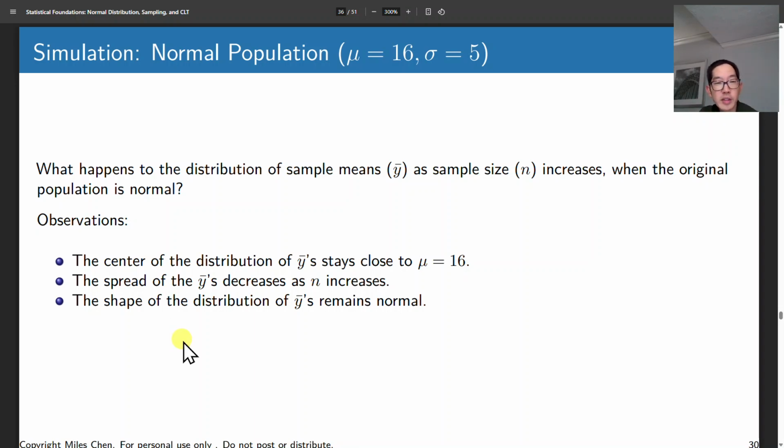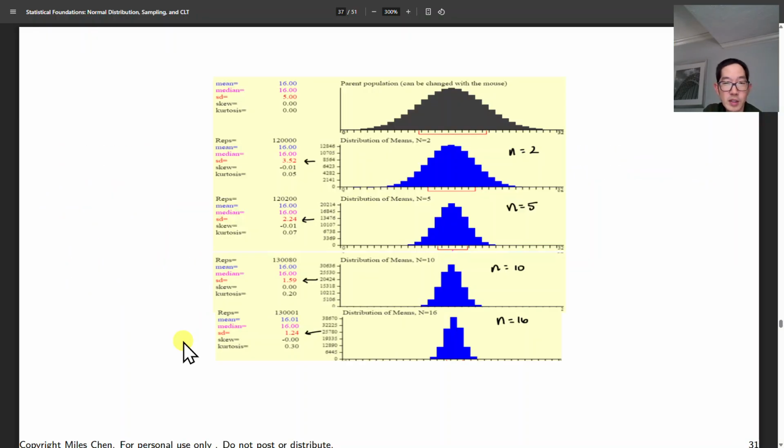And the shape of the sampling distribution remains normal. If I try it out for n equal to 2 or 5 or 10 or 16, all of them stay centered around 16, but the amount of spread gets smaller and smaller as our sample size increases.